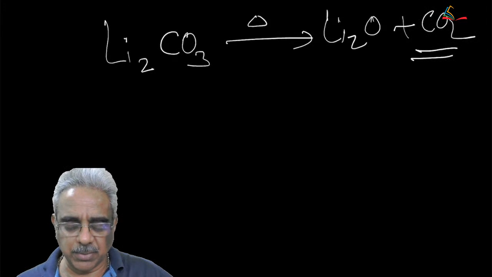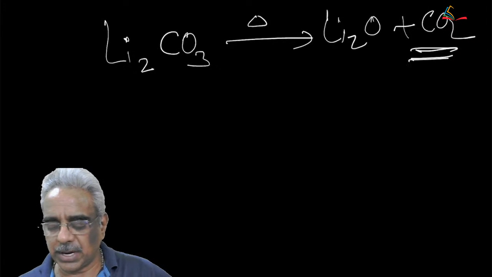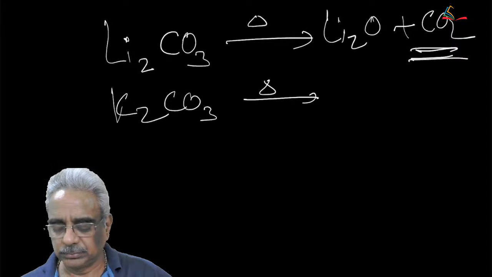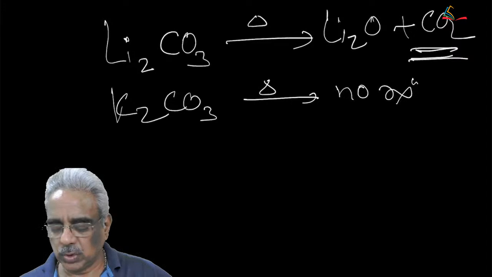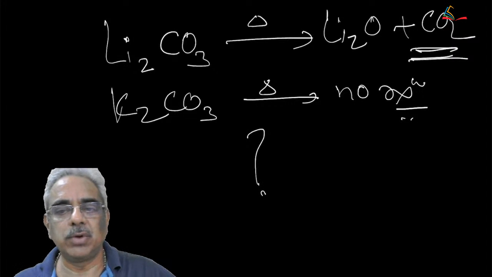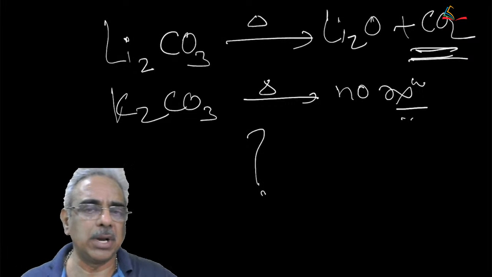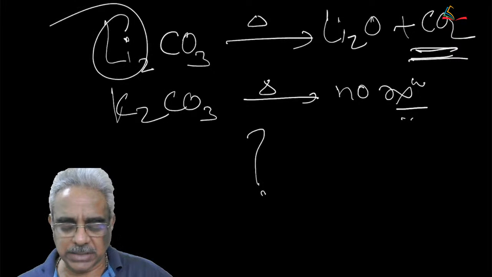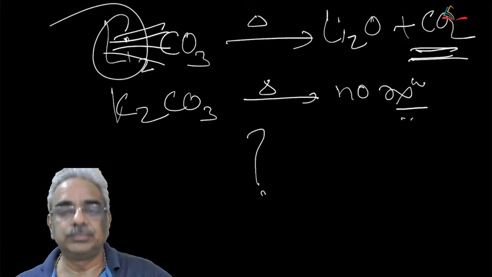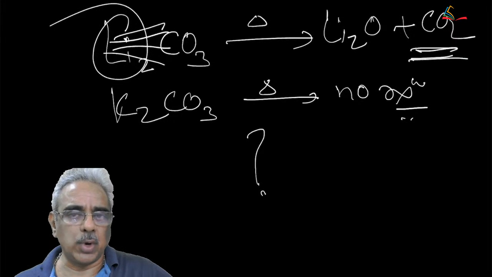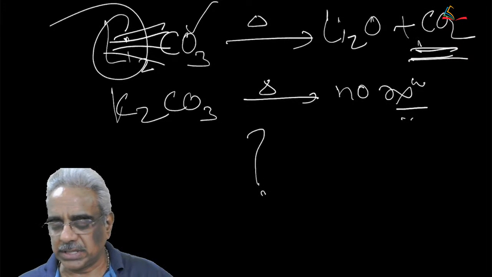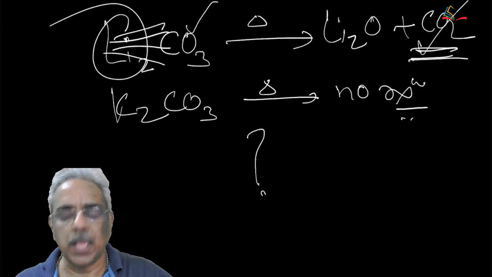Somebody asks, lithium carbonate on heating gives carbon dioxide, potassium carbonate on heating gives nothing. No reaction. Why? What answer will you give? Hate it, blame it on polarization. Lithium plus is a very small ion, so it will polarize carbonate. Once it polarizes, carbonate will become destabilized and you can easily get carbon dioxide out.